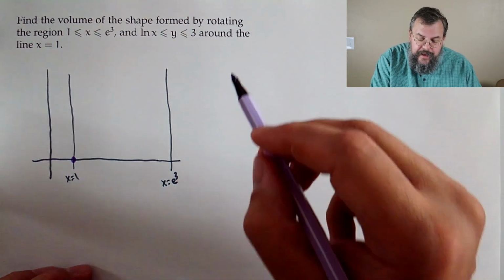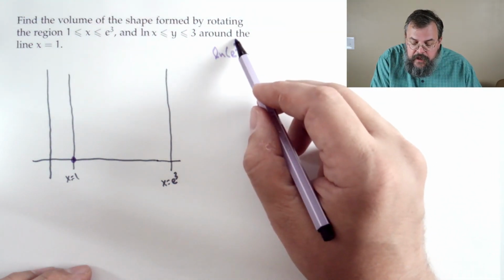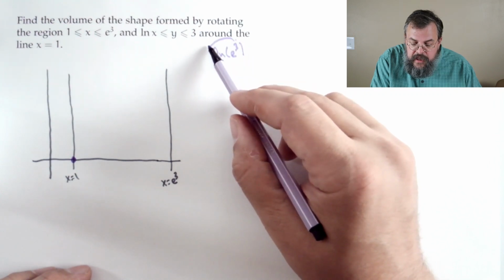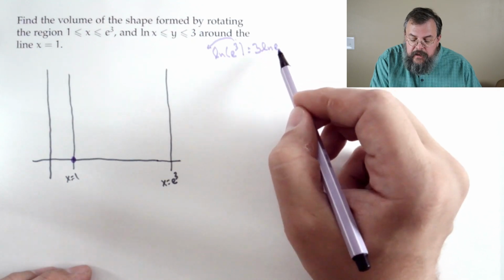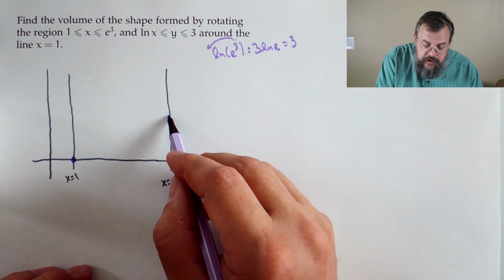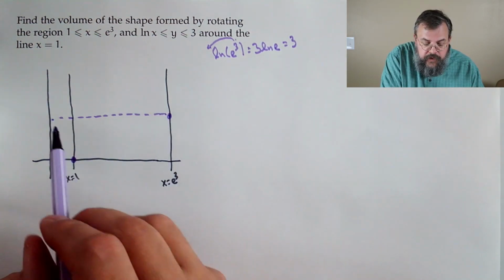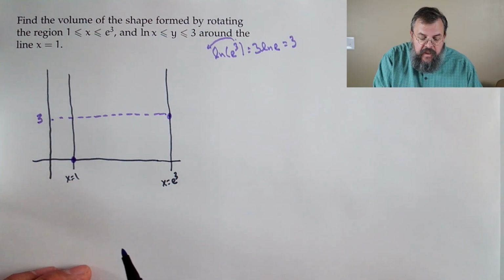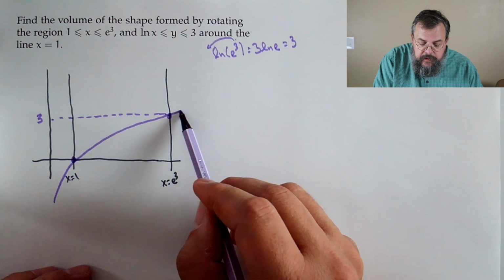Well, the nice thing, log of e cubed actually is pretty easy to compute, because the 3 can come down. So it's the same as 3 times natural log of e, and natural log of e is 1, so you really end up with 3. So over here, 3. And so log x is going to come up and do something like that.